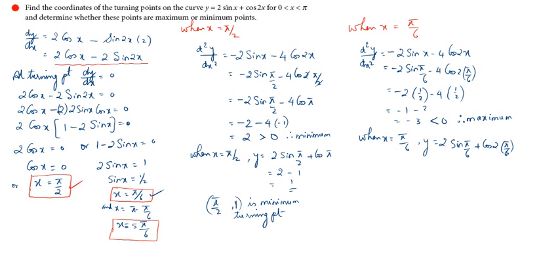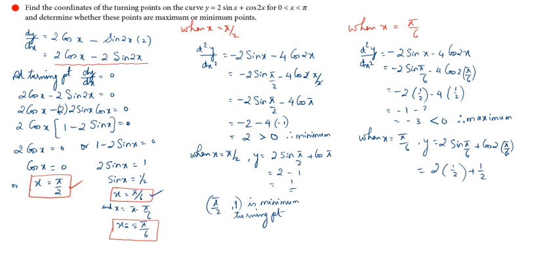So this is equal to 2 sine 30, and sine 30 is 1 by 2, so that is 1, plus cos 2 pi by 3, which is 1 by 2.